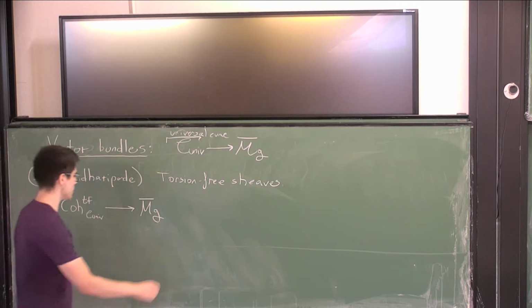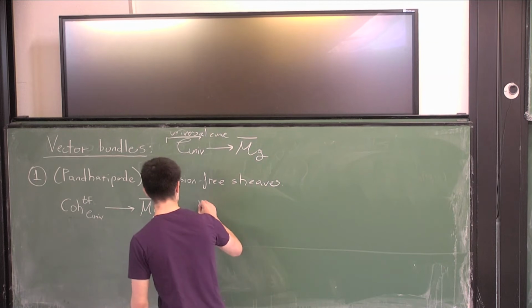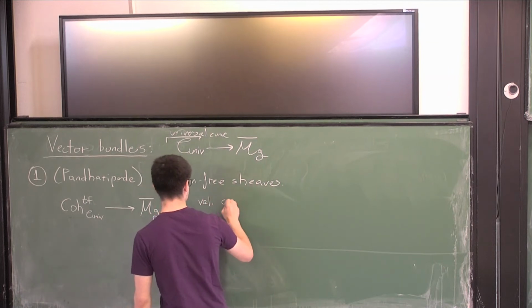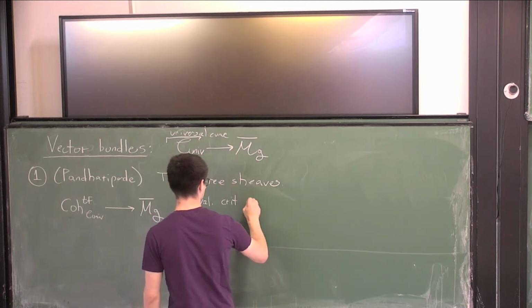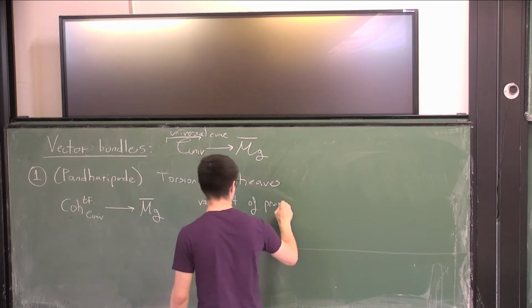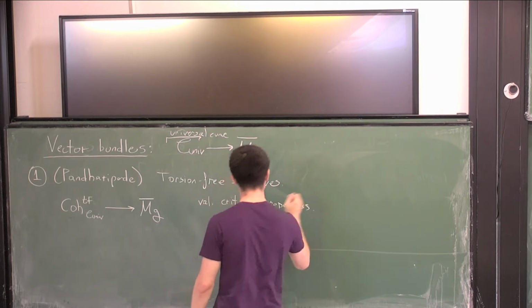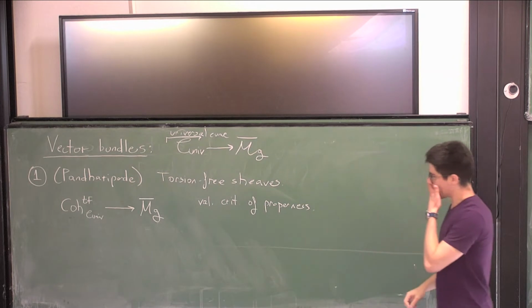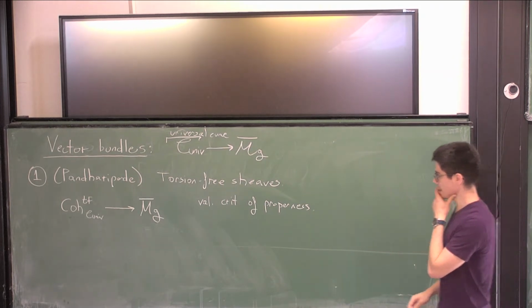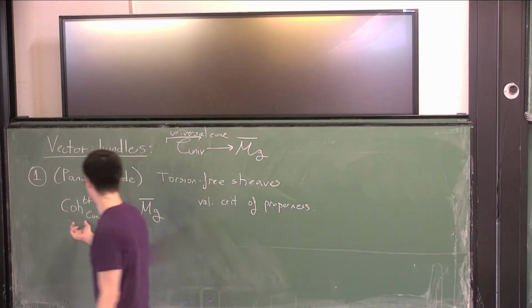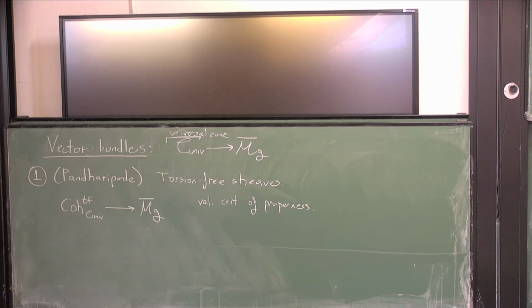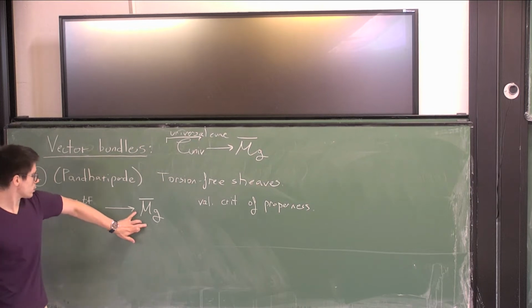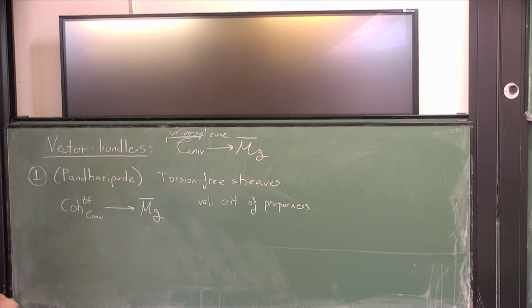The good thing about this is that it certainly satisfies the valuative criterion of properness. This is just classical, going back to Langton. You have a nice condition of semi-stability. You can do Gieseker semi-stability, for example, with respect to the natural ample line bundle on this.